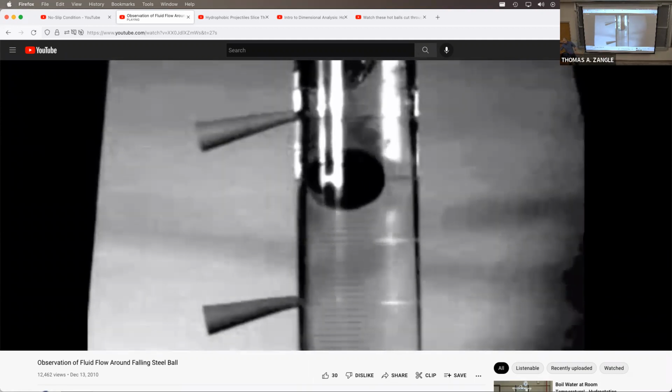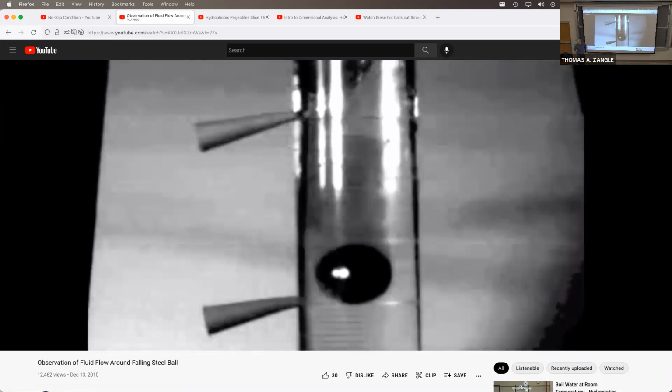Right, so this is the ball falling through water. Now this is essentially a falling ball viscometer. We're doing the falling ball viscometer in lab. So this is a way of measuring essentially the viscosity of a fluid. We take some kind of a ball bearing or something, drop it through a fluid, and what's shown here are tick marks.